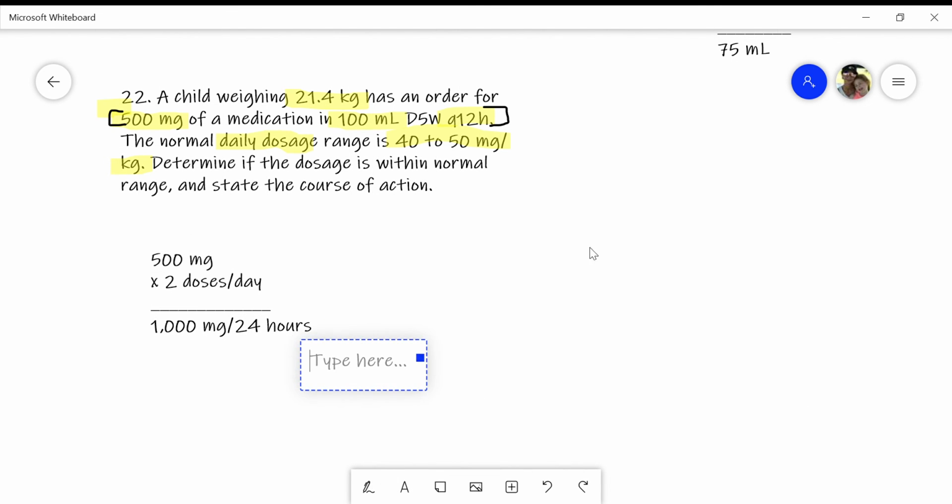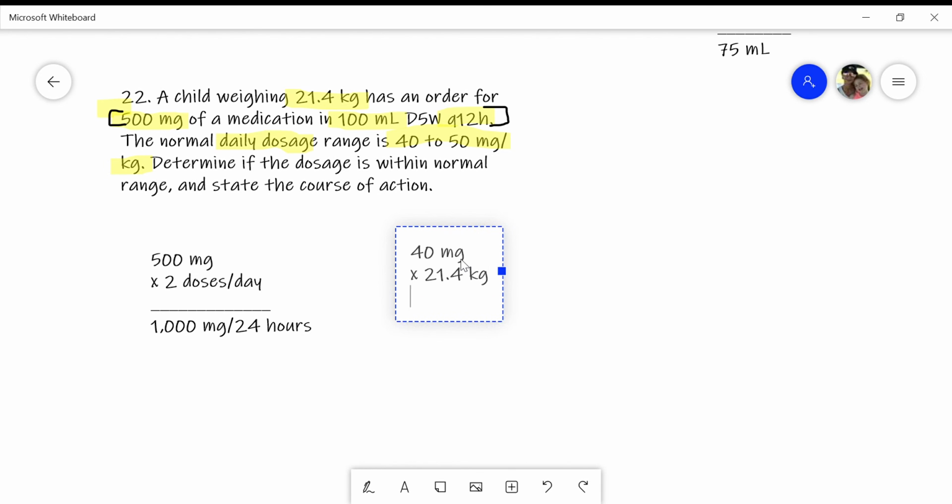And then we're going to find out our dosage range. So if we do 40 milligrams times the 21.4 kilograms, which is what the child weighs. 40 times 21.4 is going to give us 856 milligrams per day.